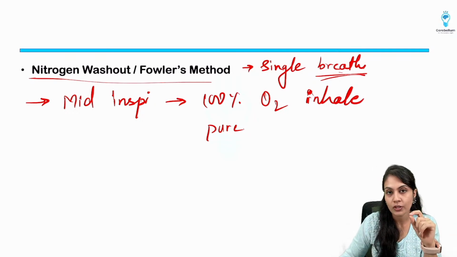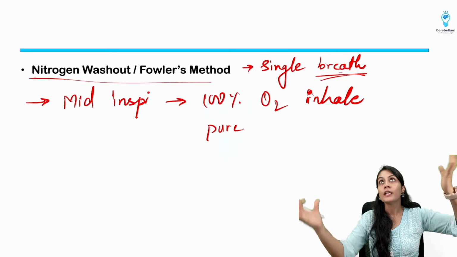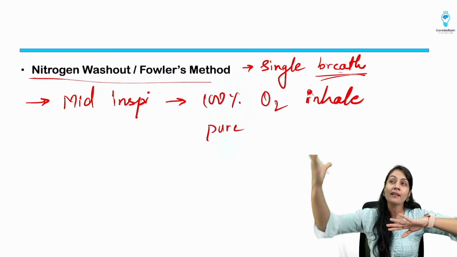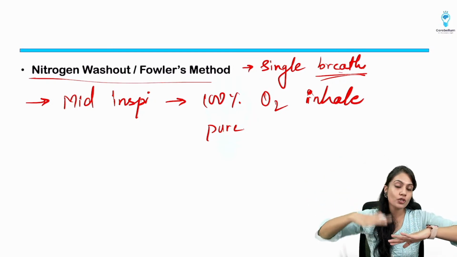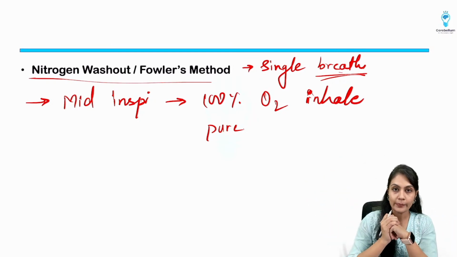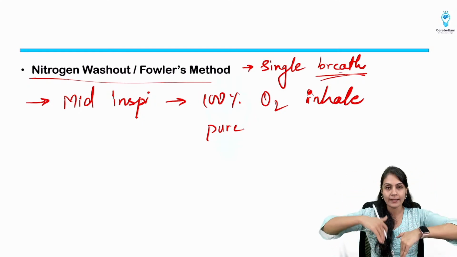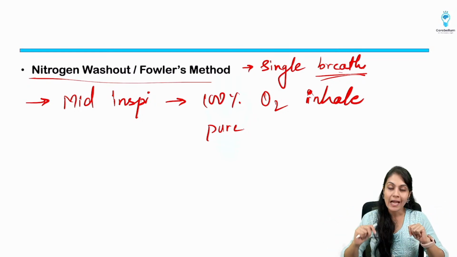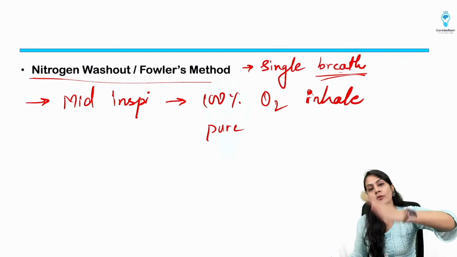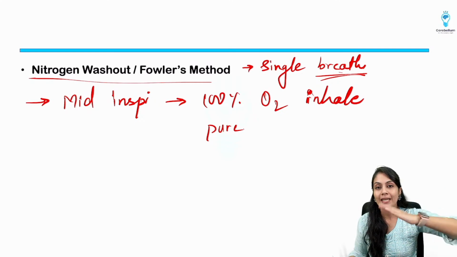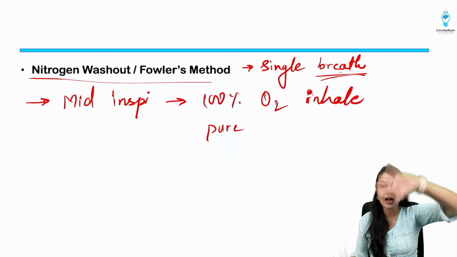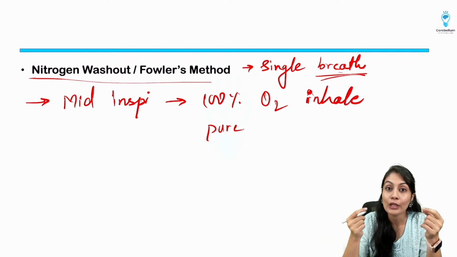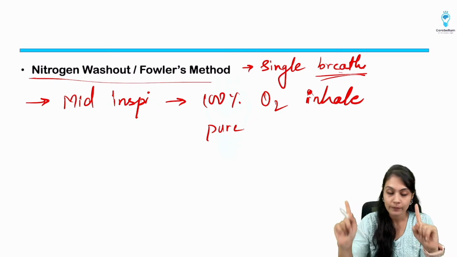What is going to happen because of this is that during the first half, the atmospheric air enters his lungs, right? And in the later half, the 100% oxygen is going to enter his airways. Why? Because whatever air goes inside, first of all, goes through the trachea and pushes downward towards the alveoli. Later, from mid inspiration, when I ask him to inhale 100% oxygen, the later half of the airway tract is going to have only oxygen, not nitrogen.